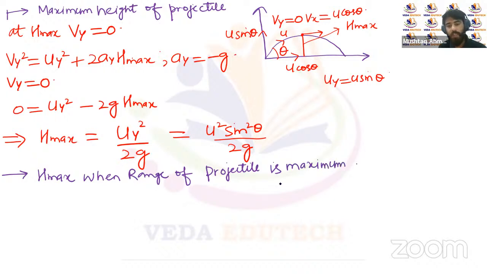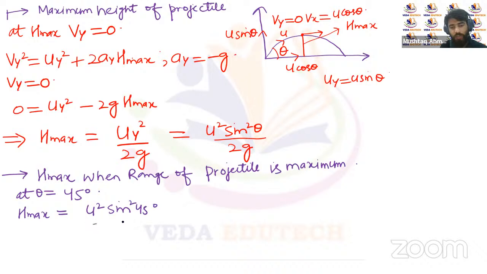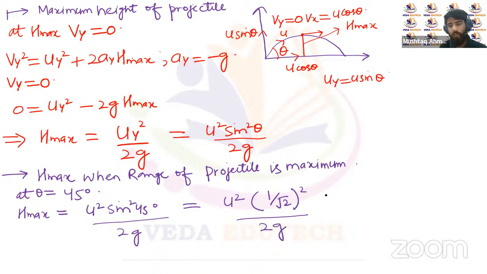And we know that the range of projectile is maximum at theta equal to 45 degrees. If theta is equal to 45 degrees, the maximum height attained by this projectile will be h max equal to u square sin square 45 degrees upon 2g. So sin 45 is 1 over root 2. So it will be 1 over root 2 whole square upon 2g, which is equal to u square upon 4g.